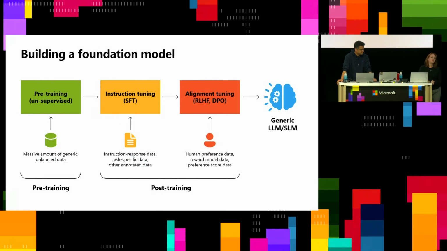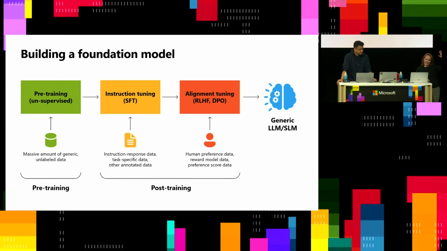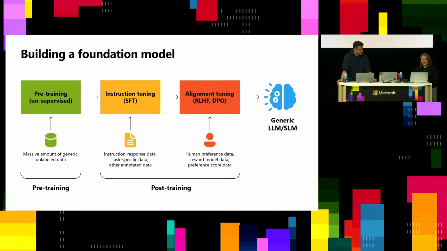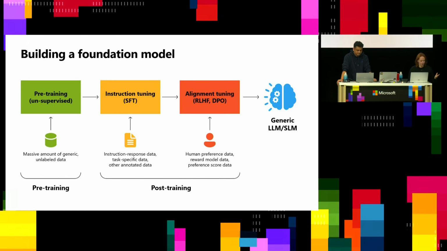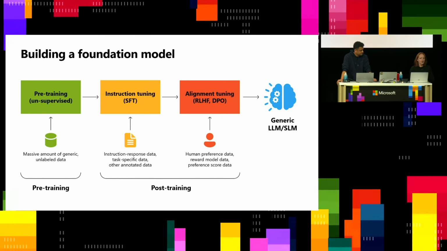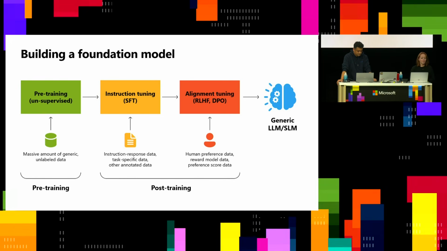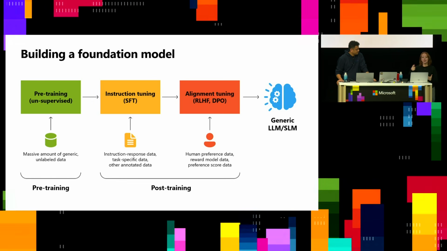Now I've said the word fine-tuning like 30 times, and anyone who is not a data scientist is probably like, what is fine-tuning? Fine-tuning is really just your cheat code to building a foundation model. If we go back to where these models come from, the way you build a foundation model is you start with pre-training. You have a massive amount of unlabeled data, and you start off by figuring out next token prediction.